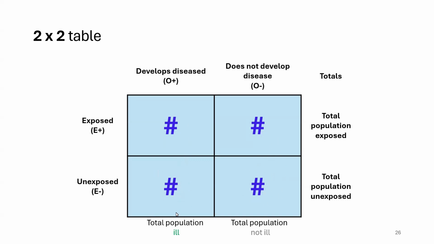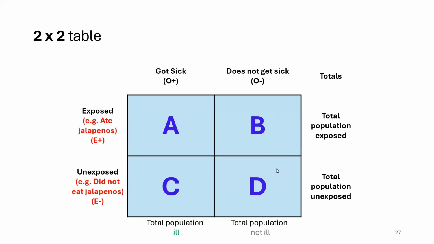Typically you add these up to get the total population who are sick, the total population who do not have the outcome, the total number of people exposed, and the total people unexposed. Typically, we label these cells A, B, C, and D.